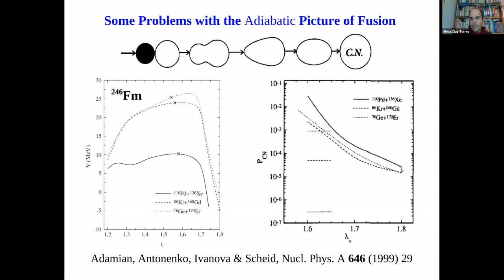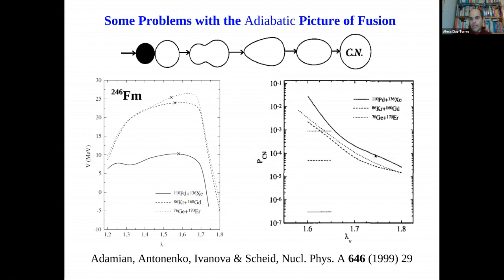They obtain this line here. This is a solid line for palladium on xenon and so on. And here you can see experimental values, or values associated with interpretation of experimental data, of these probabilities.